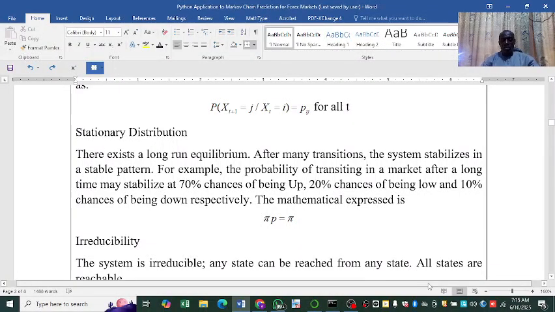Mathematically, this expression can be expressed as pi P is equal to pi. That is, probability stabilizes after a long period of time.